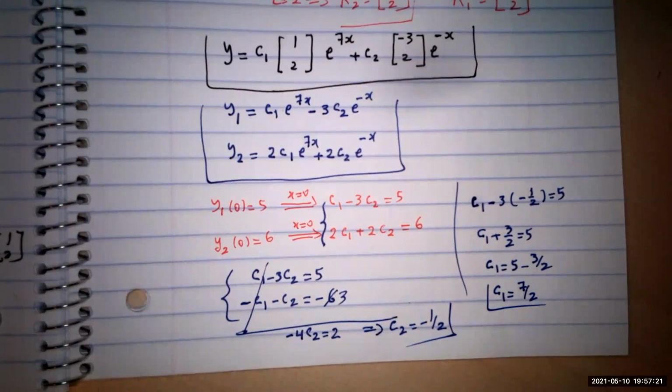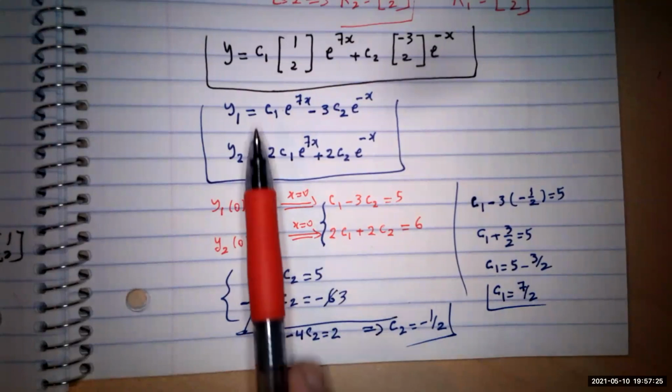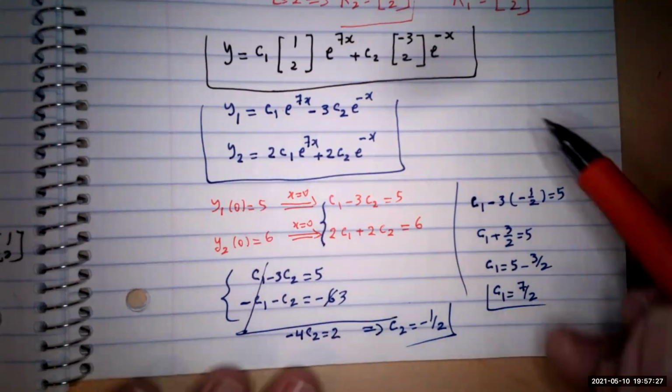Then you just go back and substitute for c1 and c2.